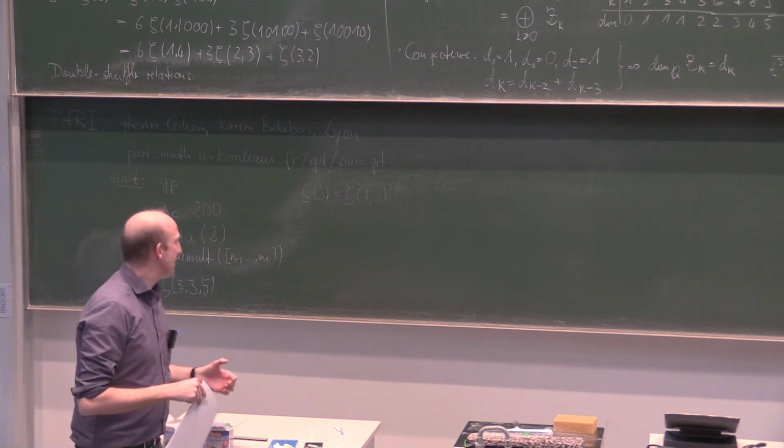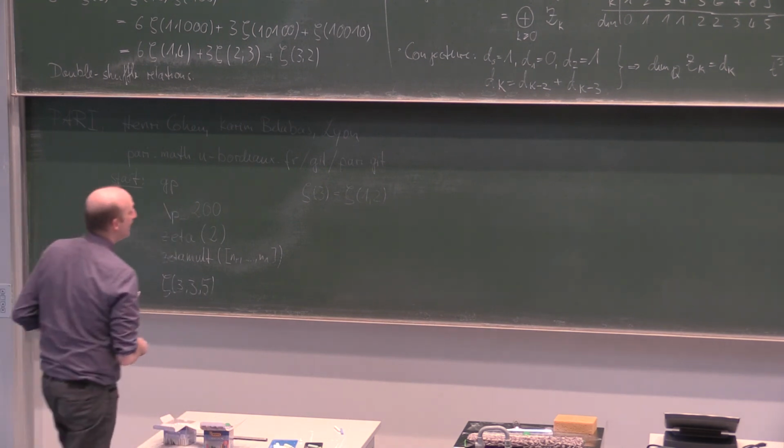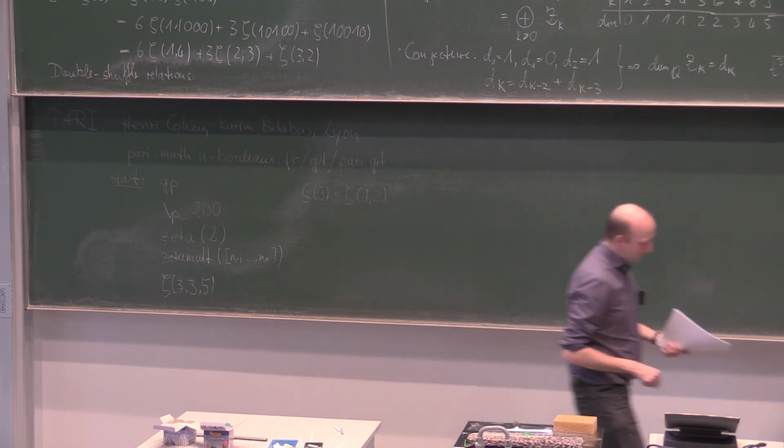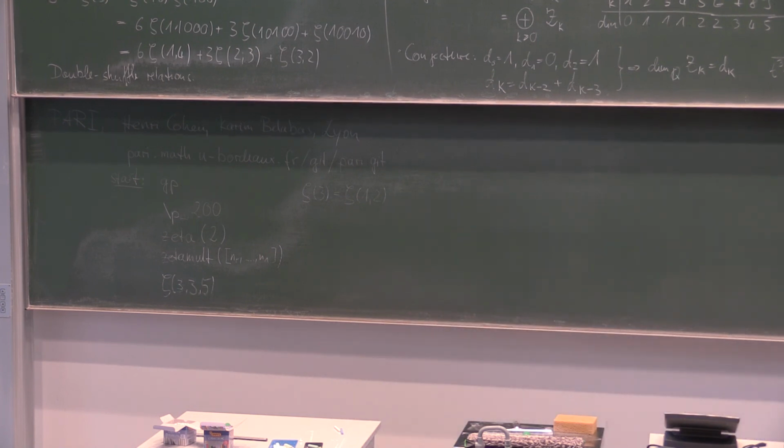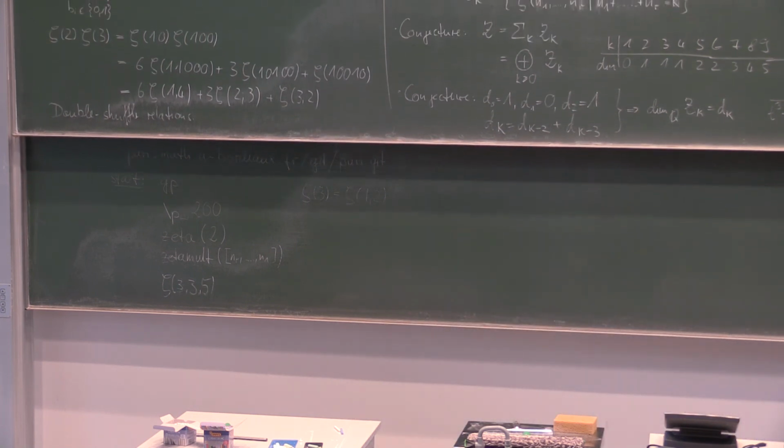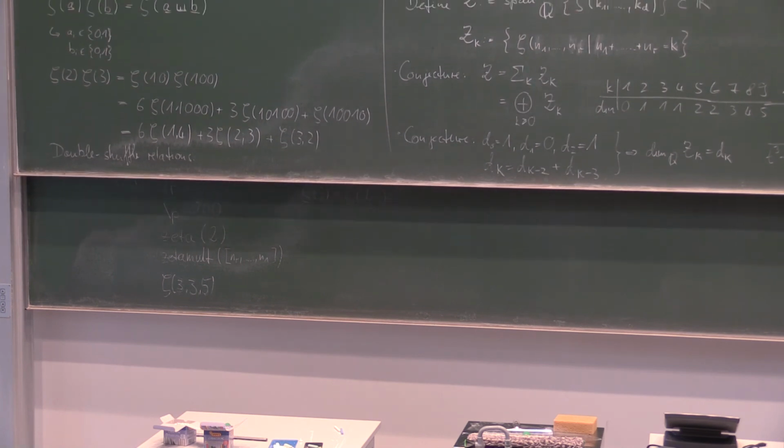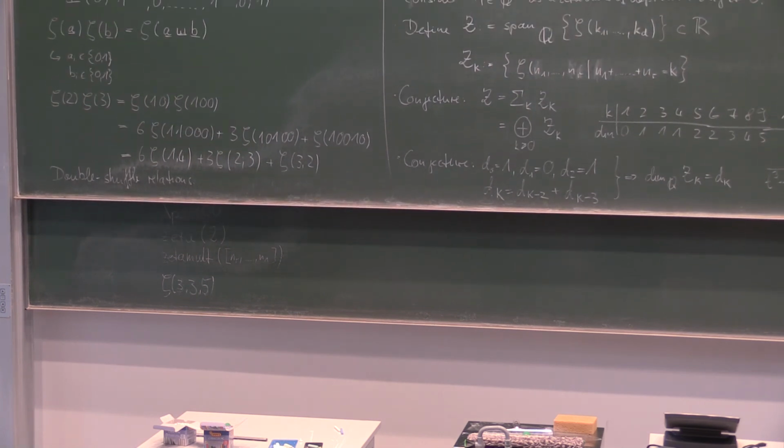You might already look up the so-called PSLQ algorithm. I'll put it to the Mathematica section because it does have an implementation. So the buzzword is PSLQ. I will comment on this algorithm briefly.